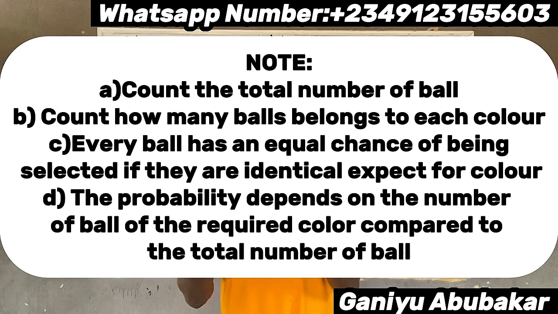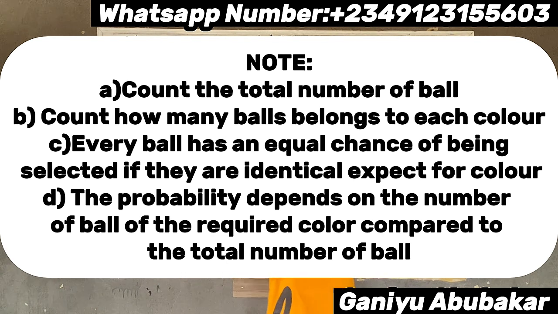C. Every ball has an equal chance of being selected if they are identical, except for colors. D. The probability depends on the number of balls of the required color compared to the total number of balls.